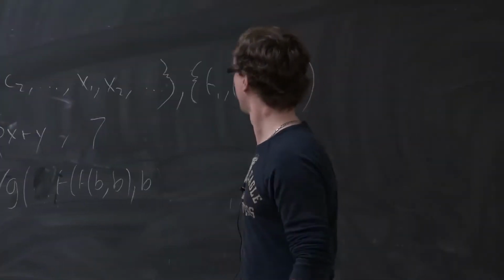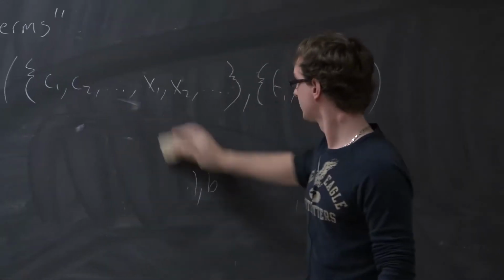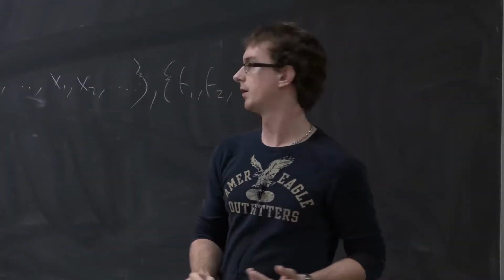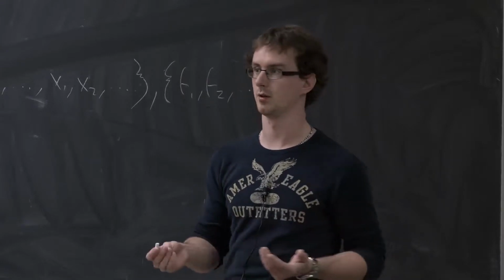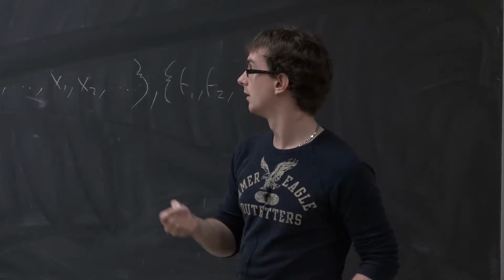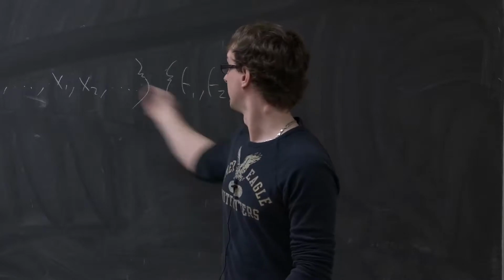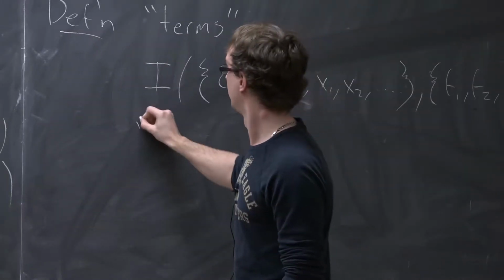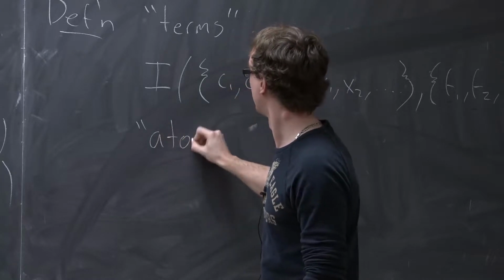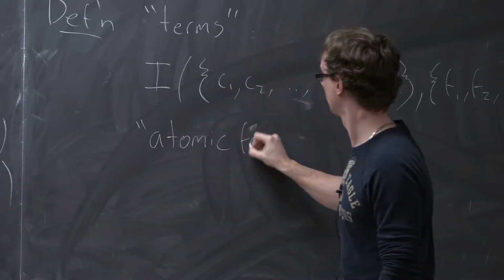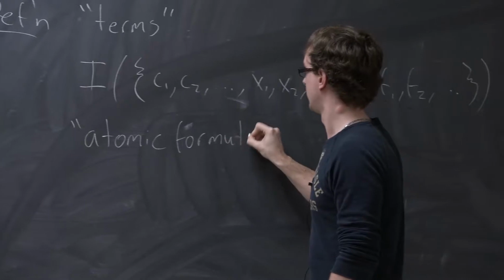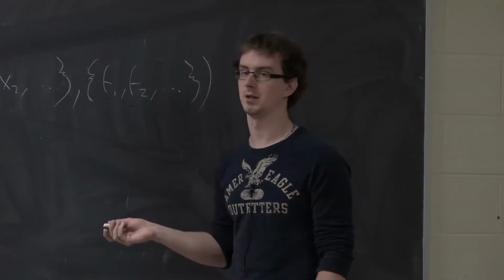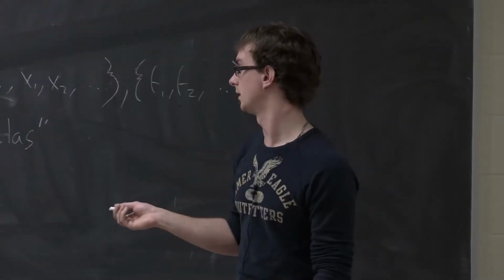So those are our terms, which in the context of the language of number theory can be thought of as all of the polynomials over a set of variables. And in general, that's what that is. We've also got atomic formulas. And atomic formulas are going to be the simplest possible formulas that are legal, well-formed formulas.